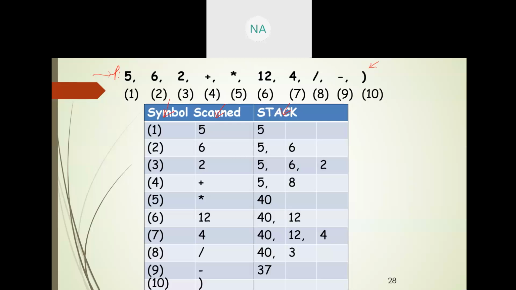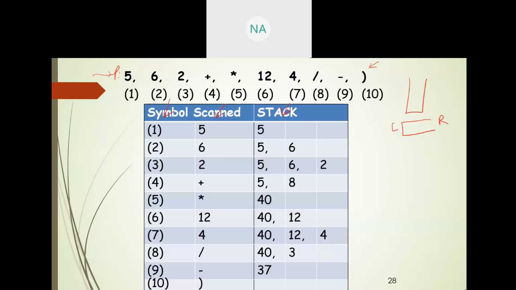At the left we have the bottom of the stack, and at the right we have the top of the stack. Instead of showing the stack in the vertical position, we are showing it in the horizontal position.